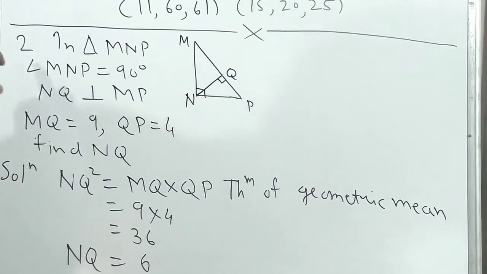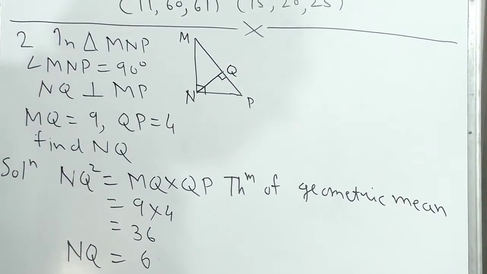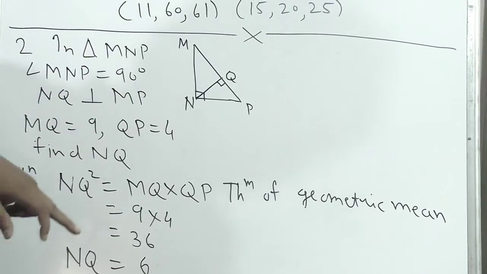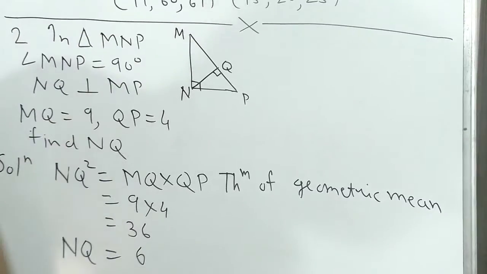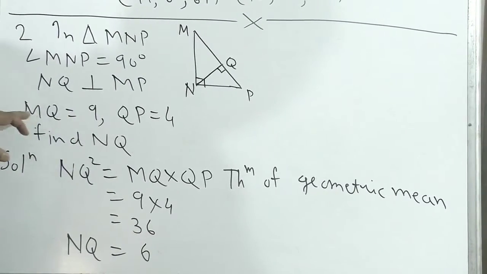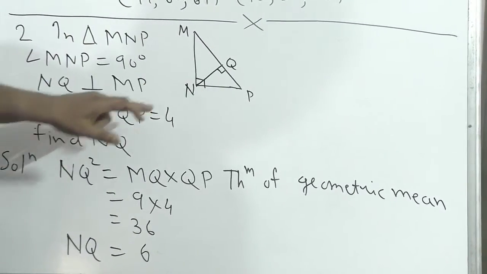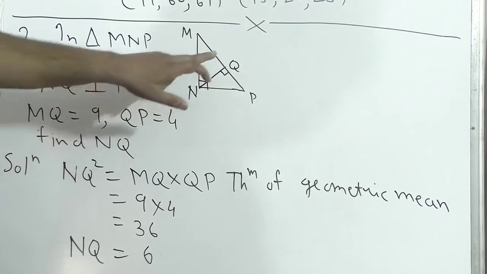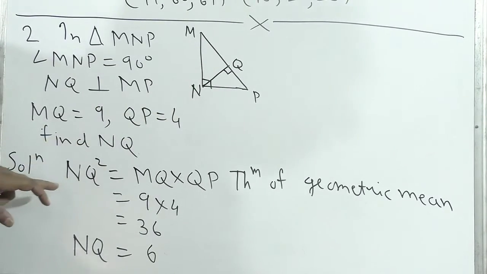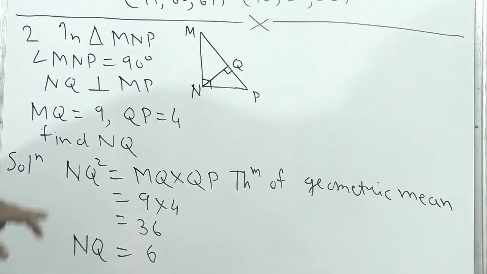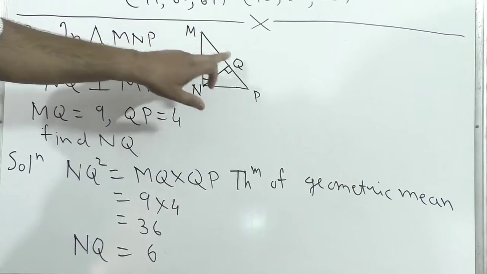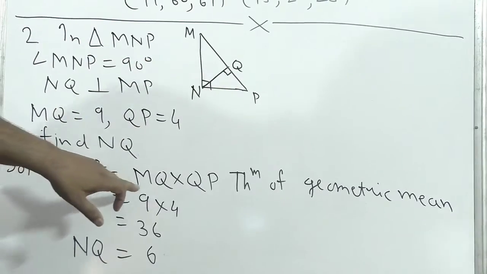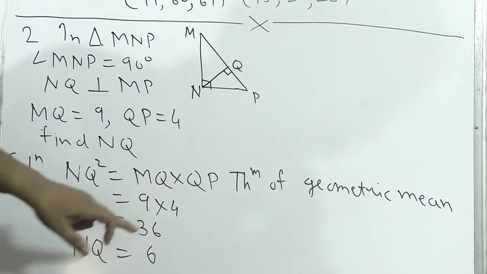Okay. See. In triangle MNP, the figure is given. Angle MNP is 90 degrees. NQ is perpendicular to MP. NQ is 9. QP is 4. You have to find NQ. By the theorem on geometric mean, NQ square is NQ into QP. 9 into 4 gives 36.